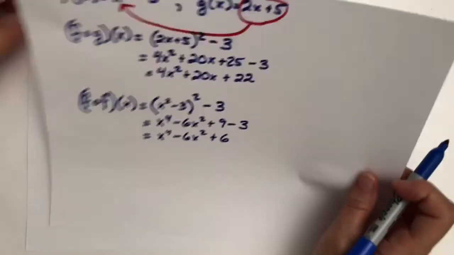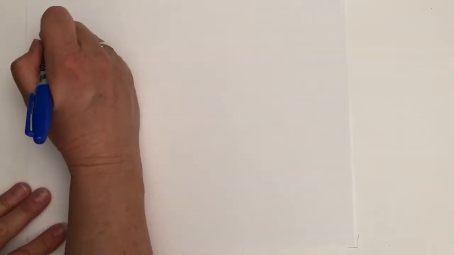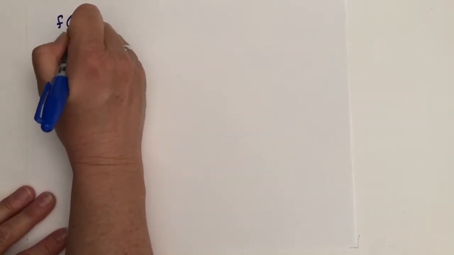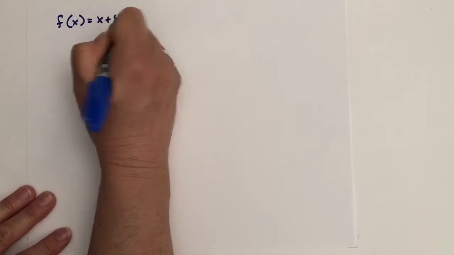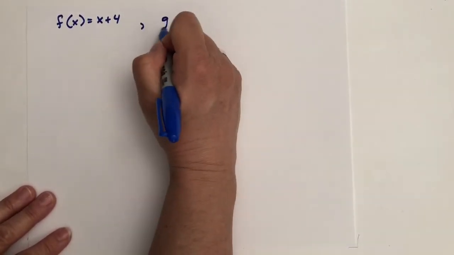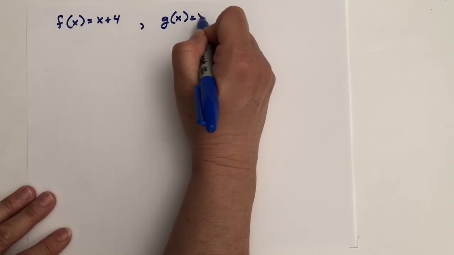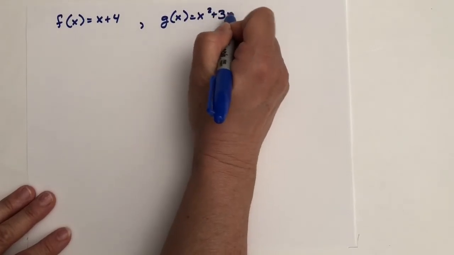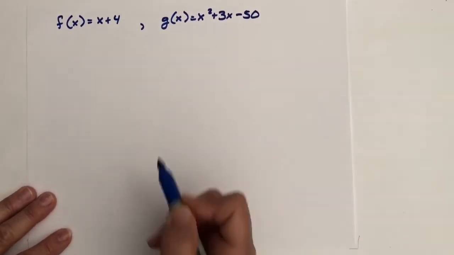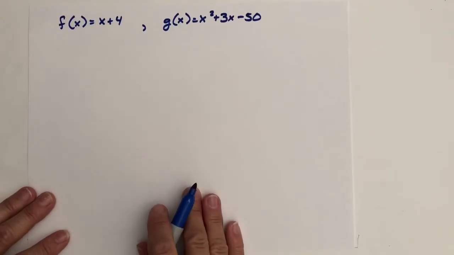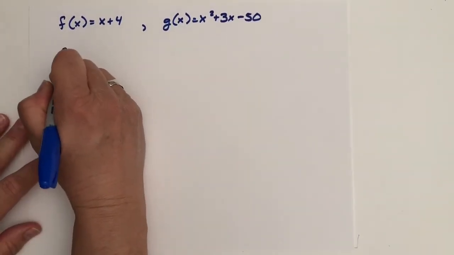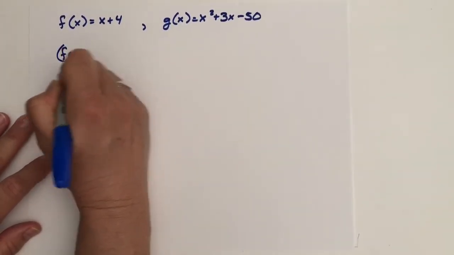Suppose we had this function. It is f of x equals x plus 4 and g of x equals x squared plus 3x minus 50. And let's start with this one, f composed with g of x.